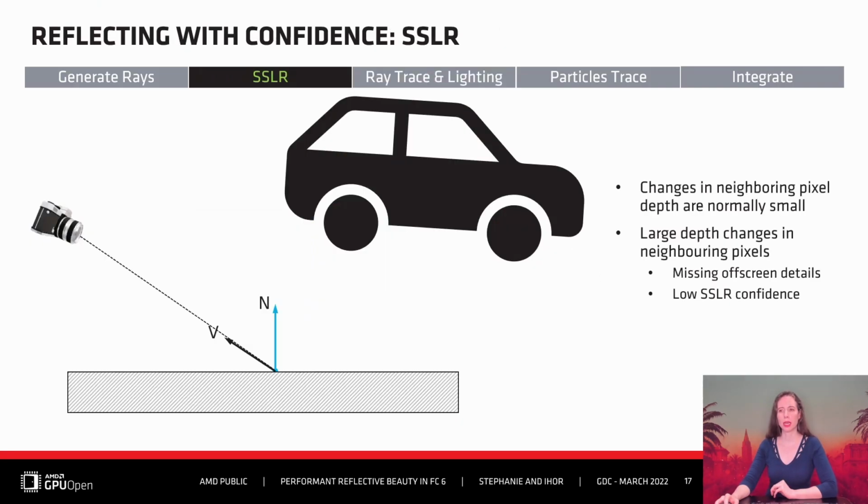When reading from the depth buffer, changes between neighboring pixels are normally small, as shown with these two arrows. But when there is a sudden and large difference in depth, like with this third arrow, it indicates missing off-screen details. In these places, we have a low confidence in the screen space trace.